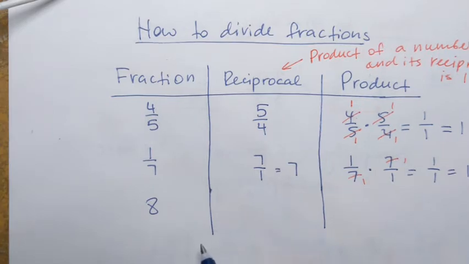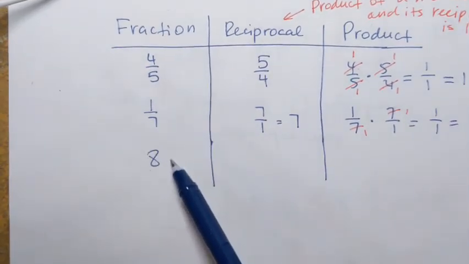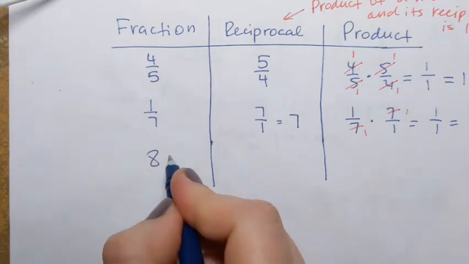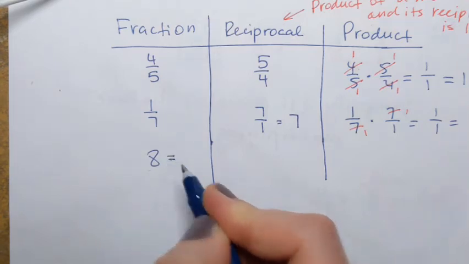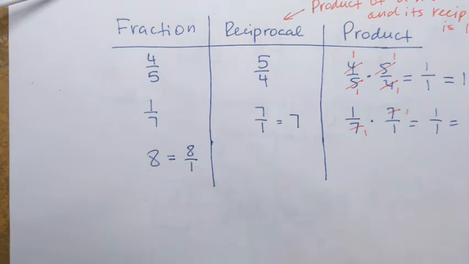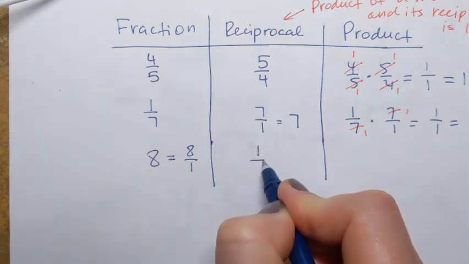And then finally, how about if we have a whole number? How do we put that upside down? Well, before we find its reciprocal, which is just literally flipping the number, we want to write it as a fraction. To write 8 as a fraction, we just put it over 1. It's the same as 8 over 1. And as soon as we see 8 as 8 over 1, then it's easy to figure out what the reciprocal is going to look like.